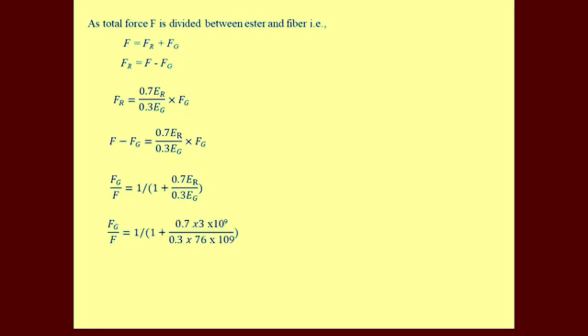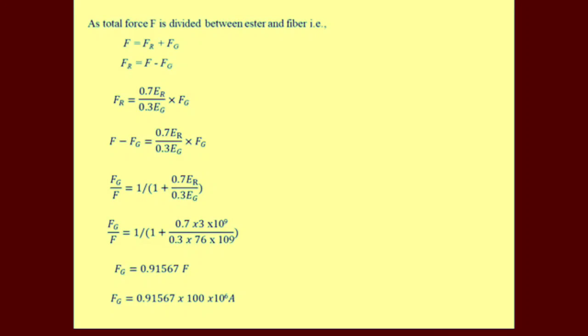As modulus of both fiber and resin is given, we can put those values in the equation and solve them to get the fraction of force taken by fiber. As total force is stress multiplied by total area, we get force on fiber in the form of total surface area.